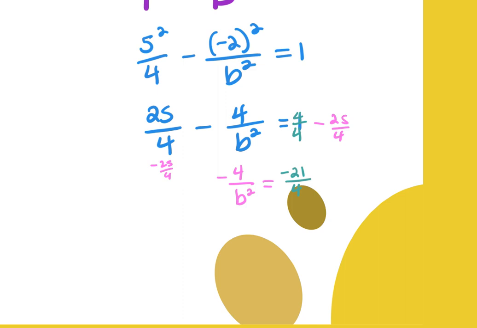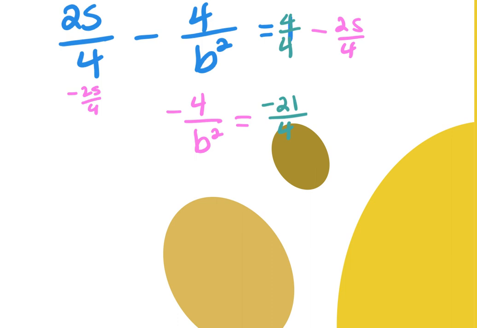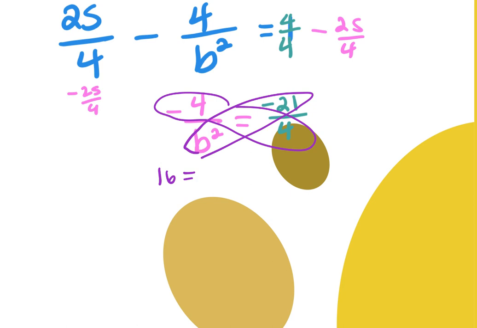Now I can cross multiply, so the negative can go with the 4, so -4 times 4 would be -16 equals, cross multiply here, -21 b squared. This should be -16 because of this -4. And then divide both sides by -21, and I get b squared equals 16 over 21.